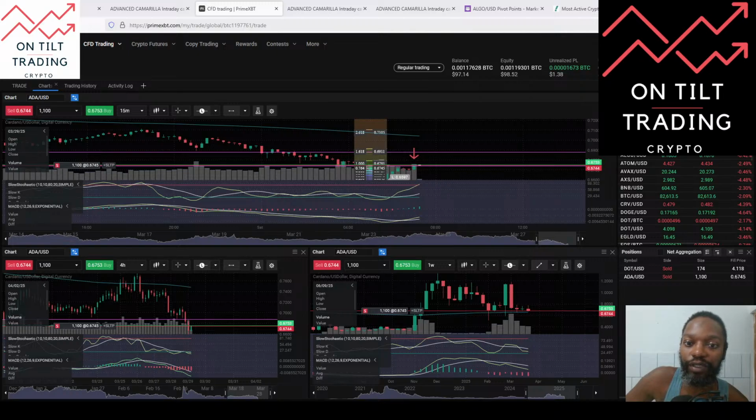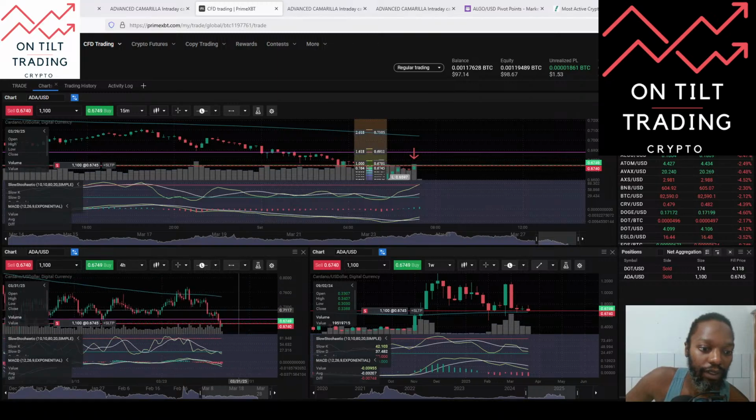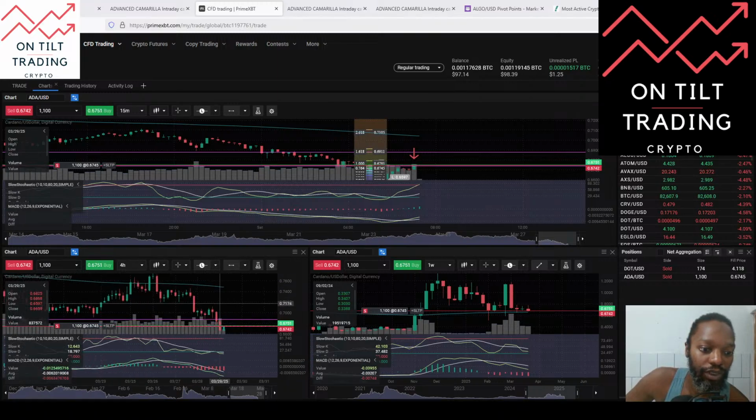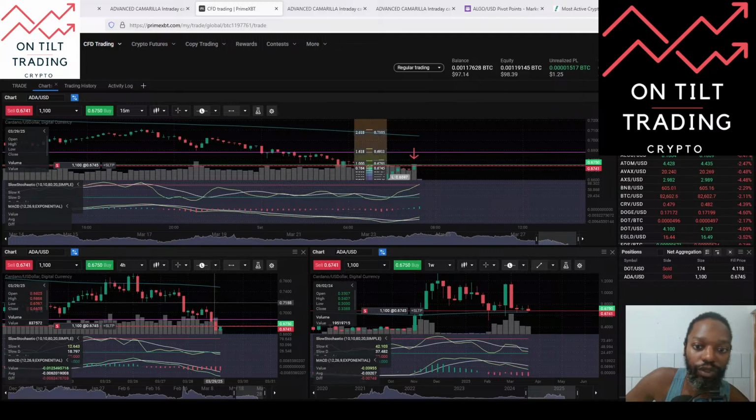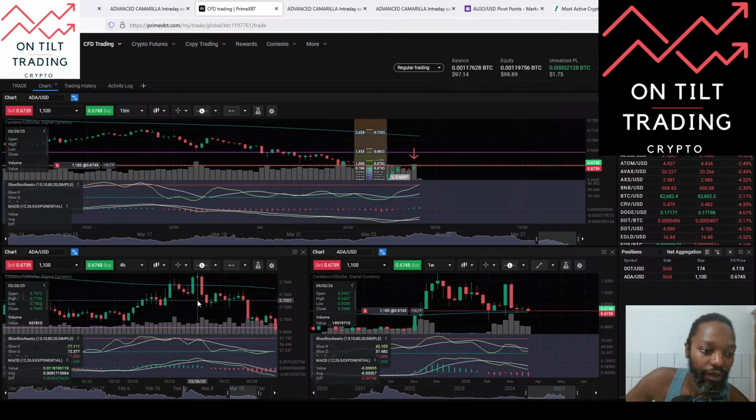So not ideal, but there's a potential that this could sell right at or below the EMA. So a bit of a risky position for me, but my stop is pretty tight, and we'll see how it goes. I'll walk you through what I'm seeing here on the 4-hour structurally. So we're below this 200 EMA. We've sold off below this Camarilla pivot level.